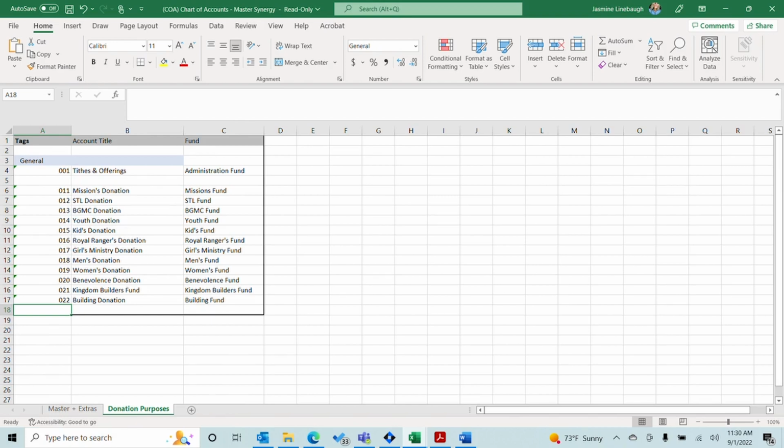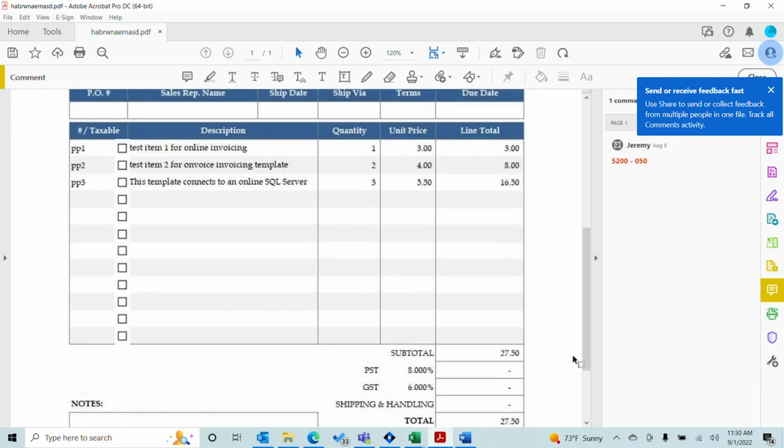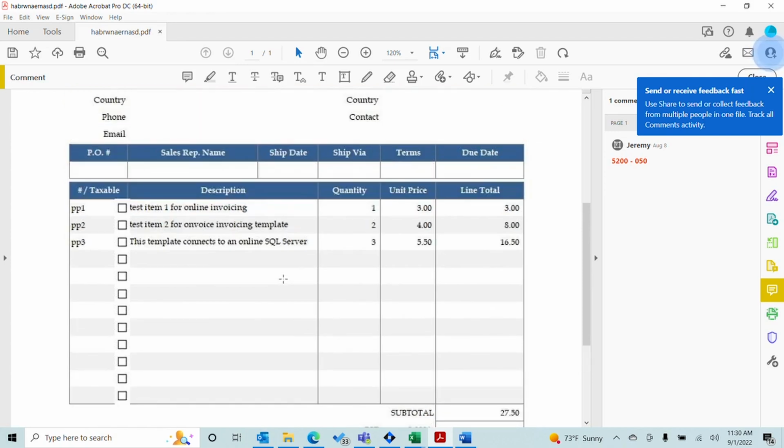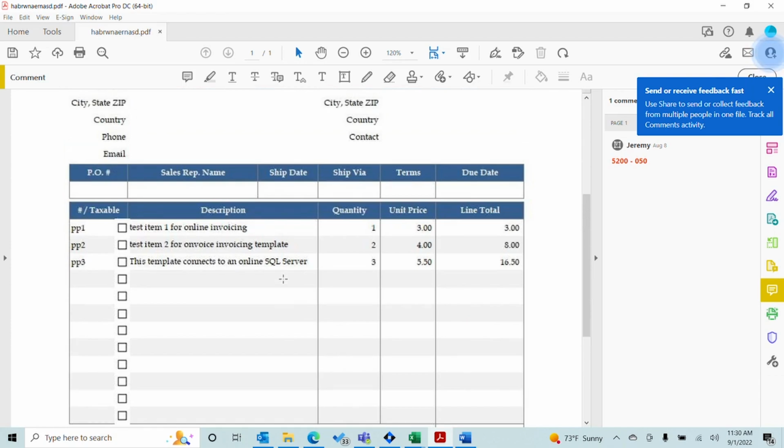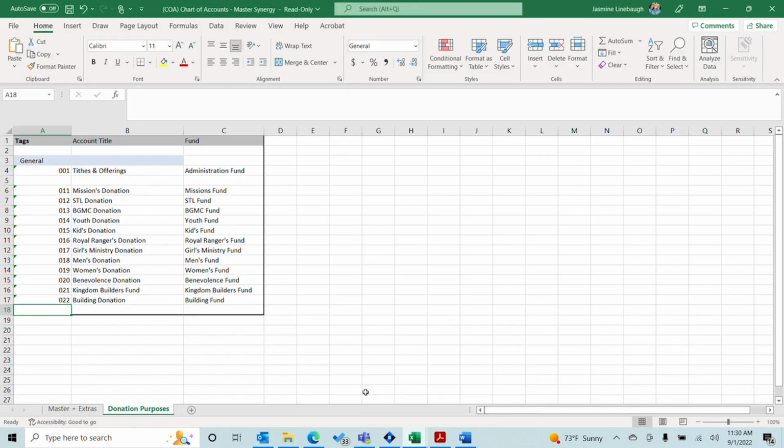First, let me show you an example of when you would use the list most often. Here we have a utility invoice in the amount of $27.50. We need to write the GL number on this invoice before scanning it into the to be processed Dropbox folder. So what I will do is go back to my COA list.